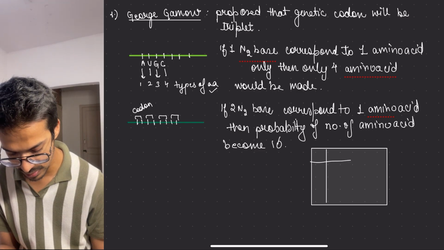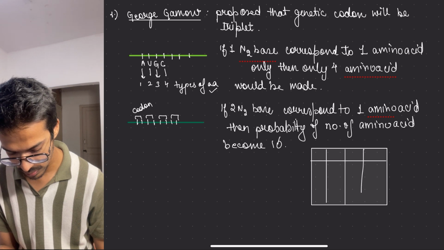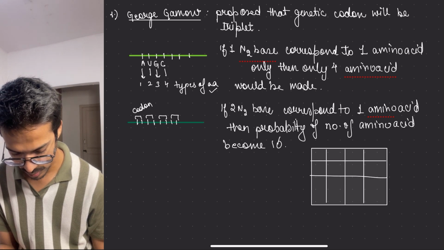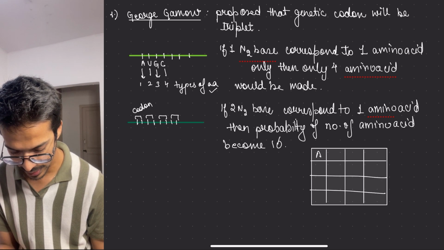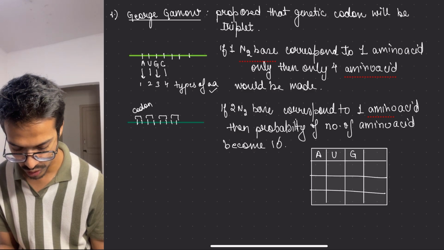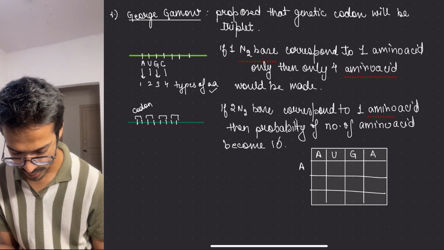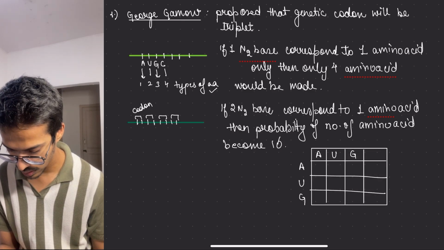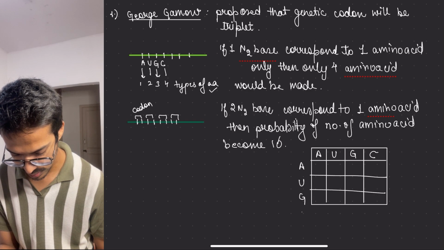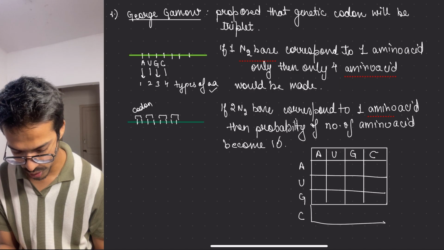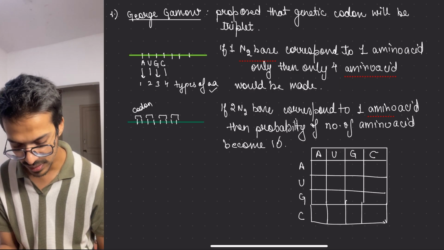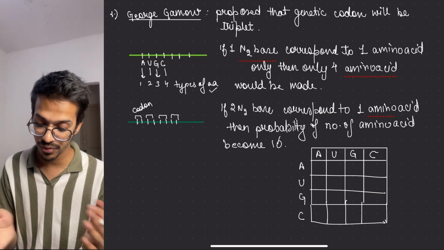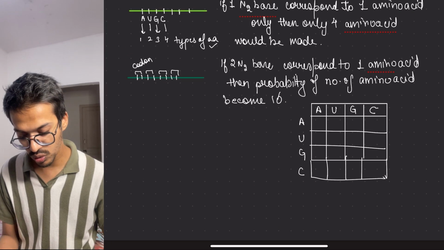I made a little less. Like A, U, G, C, and all these options would be there. So only 16 amino acids would be there, but we know that we have 20 amino acids.